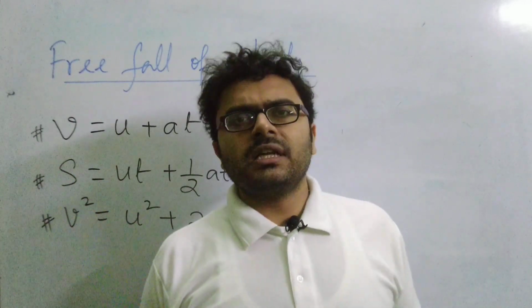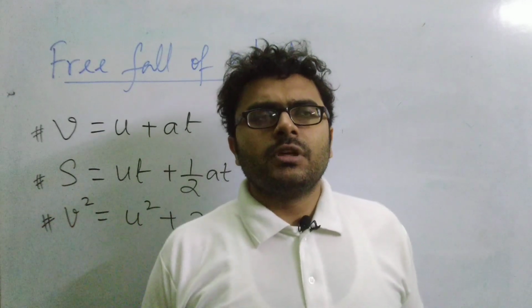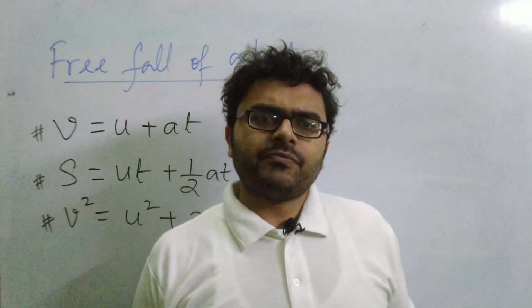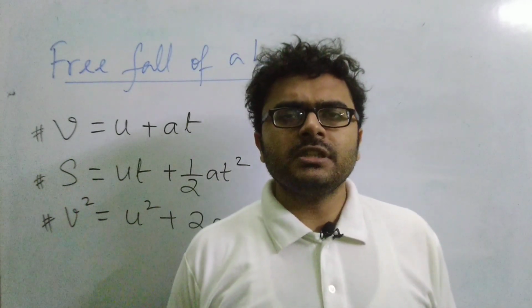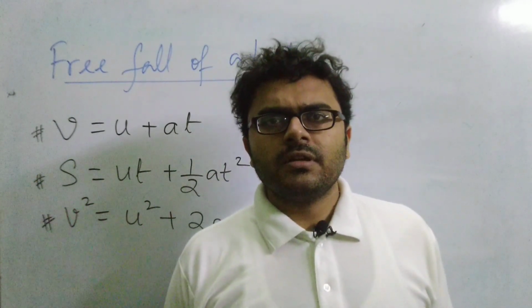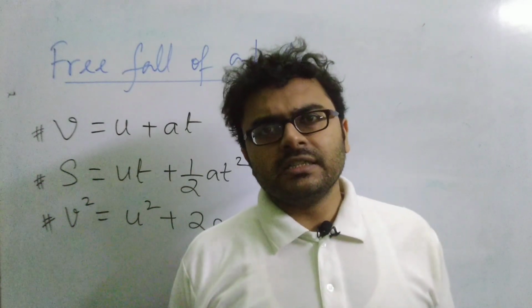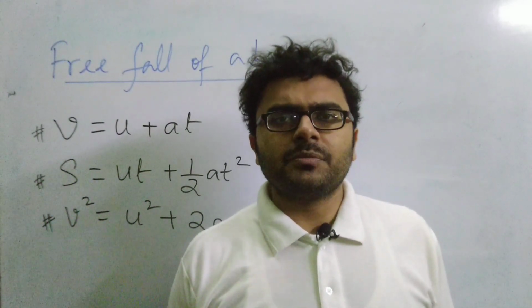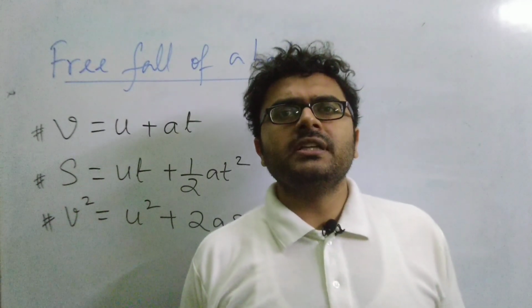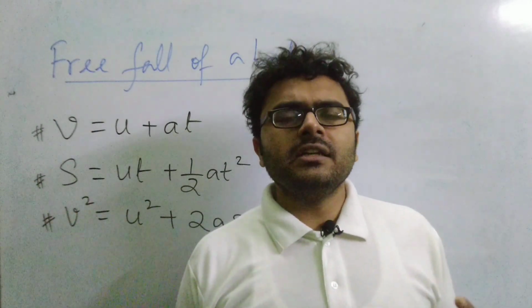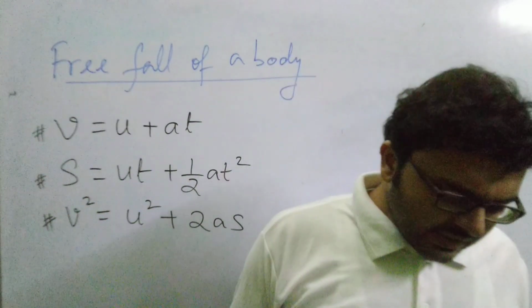So due to the gravitational force, you know by now that when a body falls under the force of gravity, its motion is accelerated by a value of 9.8 meter per second square. That is, with each second its speed is increasing by a value of 9.8 meter per second, or rather, in simplified terms, you can say that the speed is increasing by a value of 10 meter per second with each second increasing time. Okay, so that is the concept.